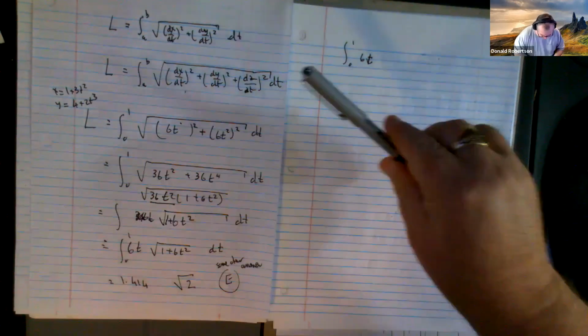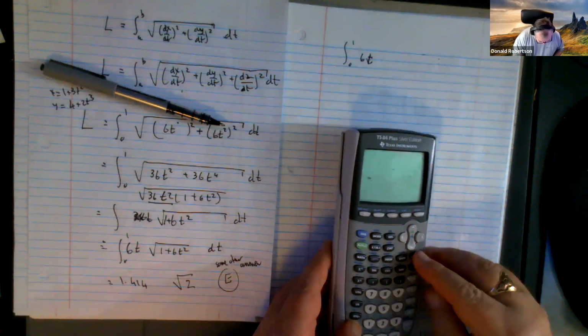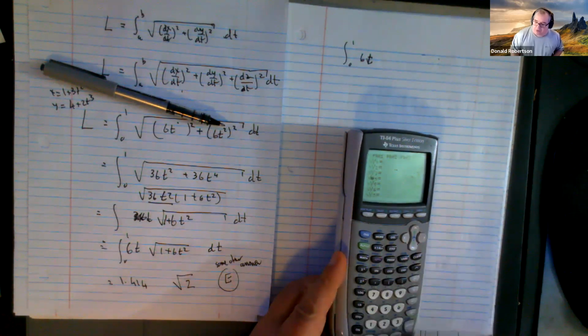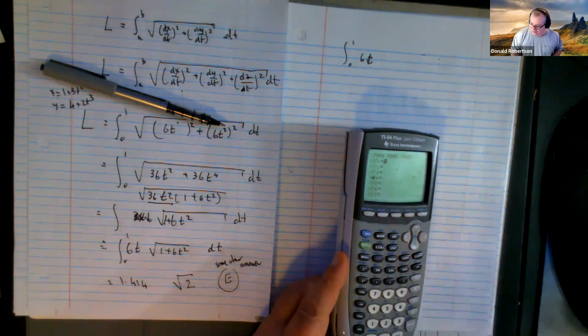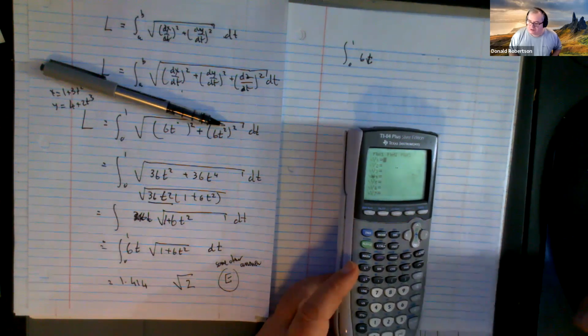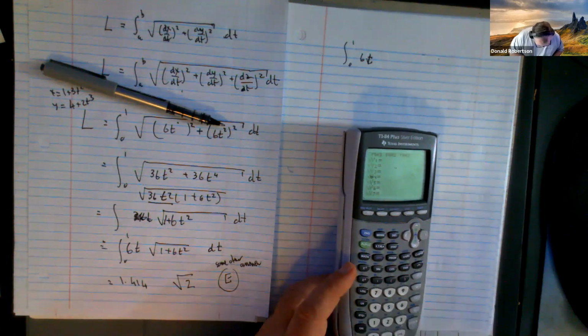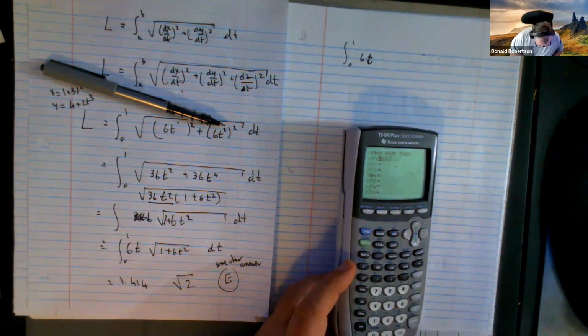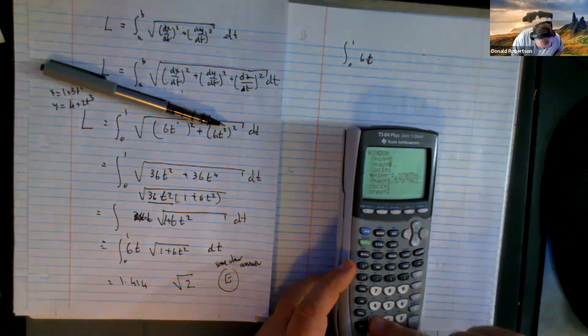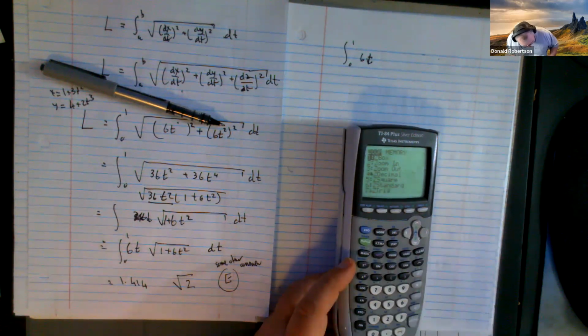So I would go to my calculator. I do y equals. Remember, when it's multiple choice, all shortcuts are valid. Would you agree that getting your calculator to do it's a shortcut? Right, so it's going to be 6t, which I'm going to have to call 6x, times the square root of 1 plus 6x squared. I'll do a window from 0 to 1, and I'll do a zoom effect to make sure I didn't screw anything up.